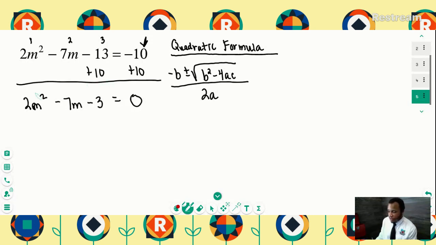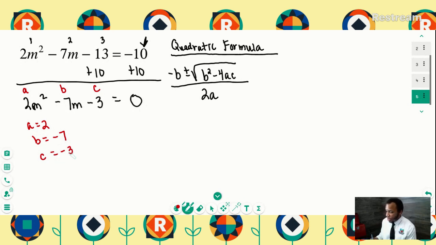As long as you have this in standard form, whatever's in front of your squared term will be a, whatever's in front of your linear term, your regular variable, will be your b, and your constant at the end will be your c. And just to make sure we keep the signs with it, I'll write it out. So we have a equals 2, b equals -7, c equals -3.